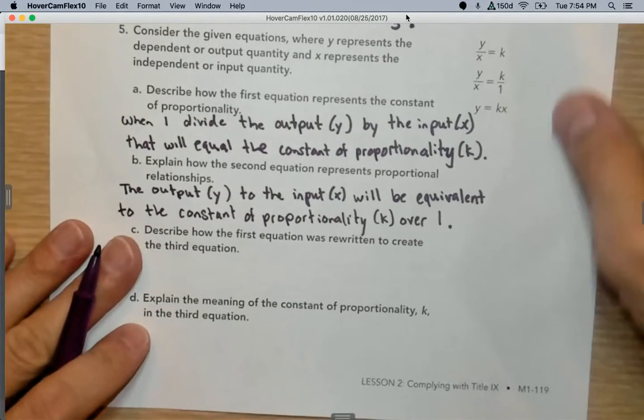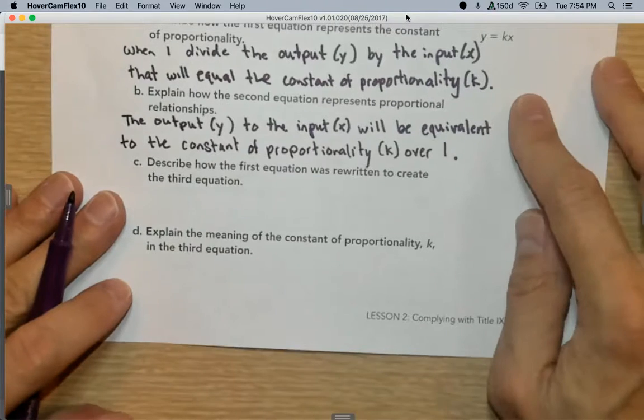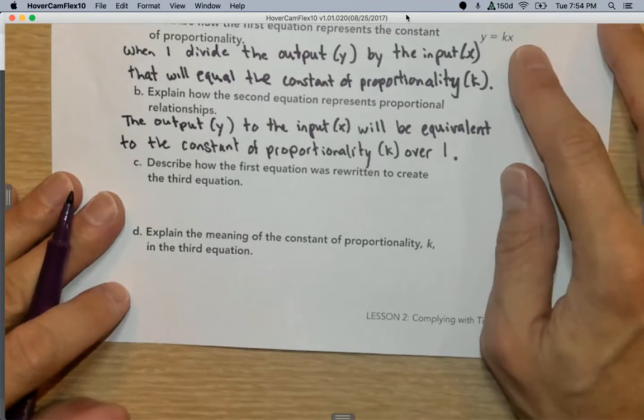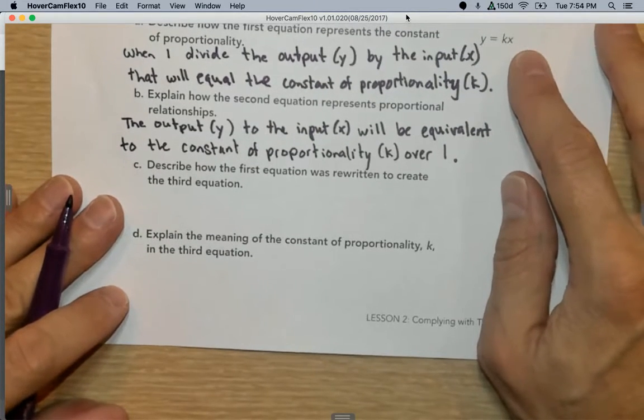C. Describe how the first equation was rewritten to create the third equation. Okay.